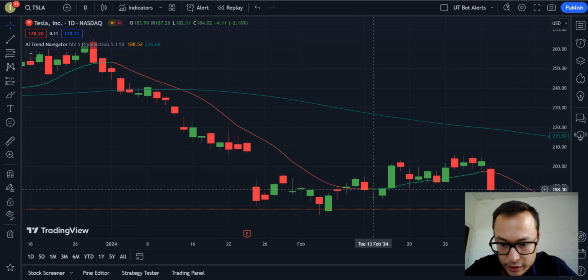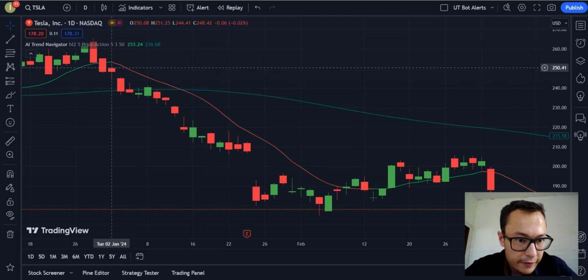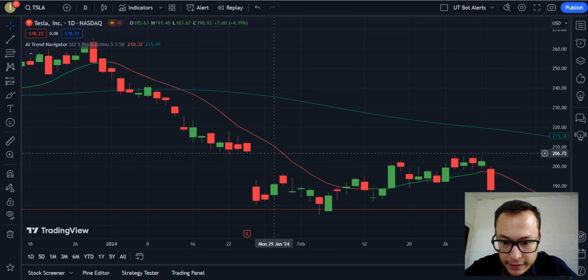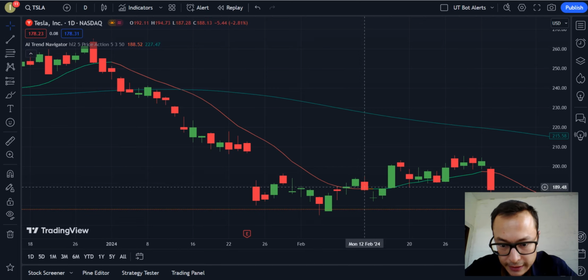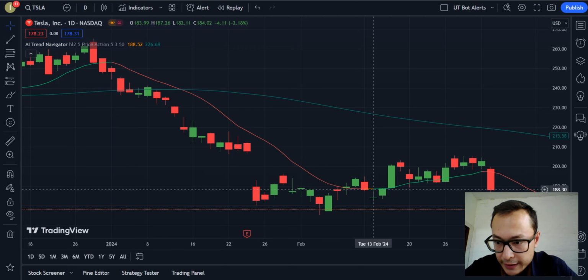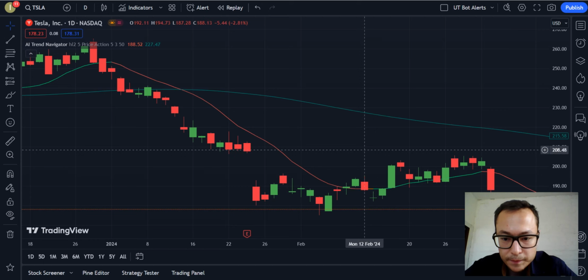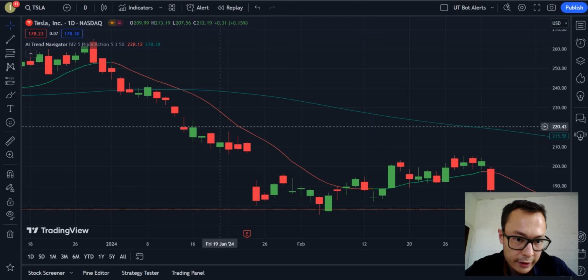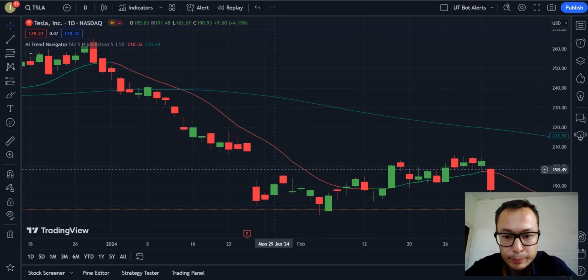We would avoid those losses because, as you can see here, the price of the Tesla stock went down by nearly $62 from $250.21 all the way down to $188.30. So there was definitely a decrease in the price of the Tesla stock, and the AI Trend Navigator accurately predicted that event.